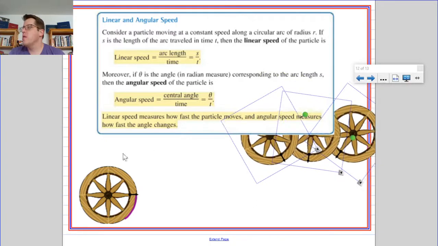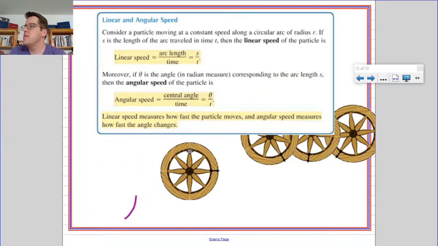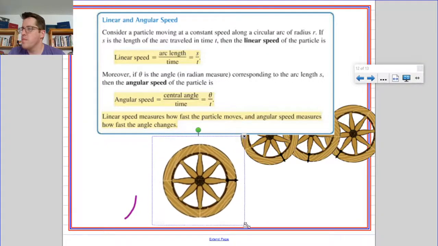The other speed to think about is the angular speed, as in how much is it rotating per a given amount of time. So pay attention to this arrow right here.